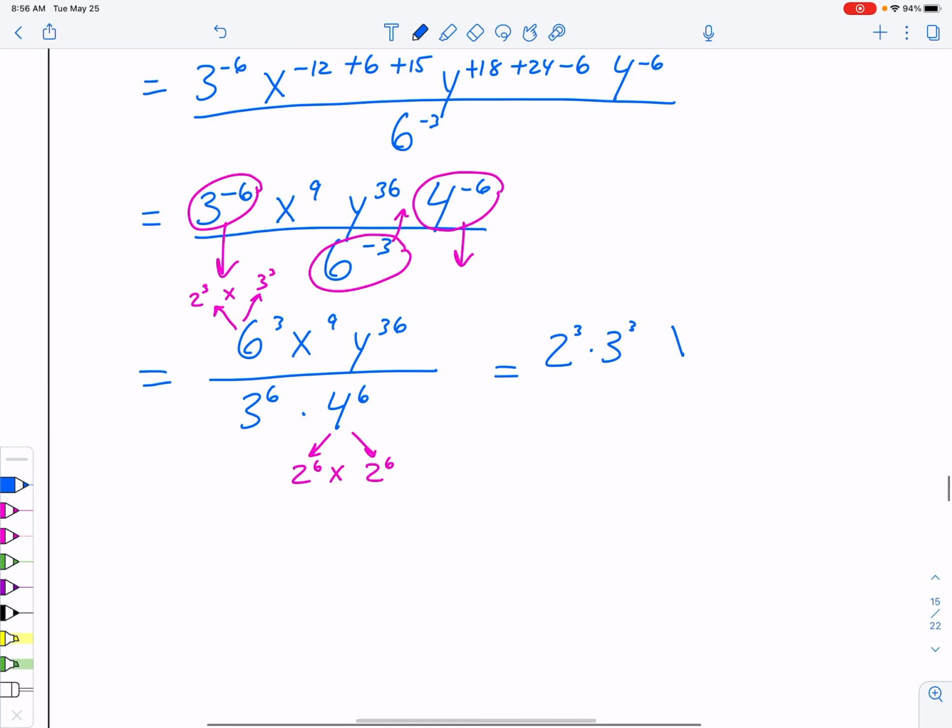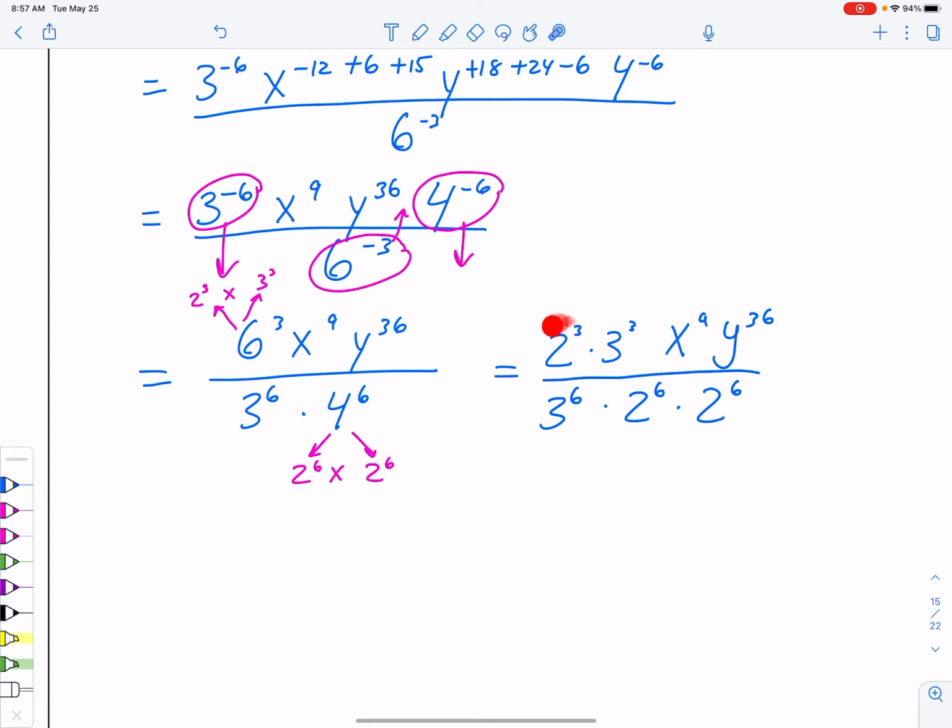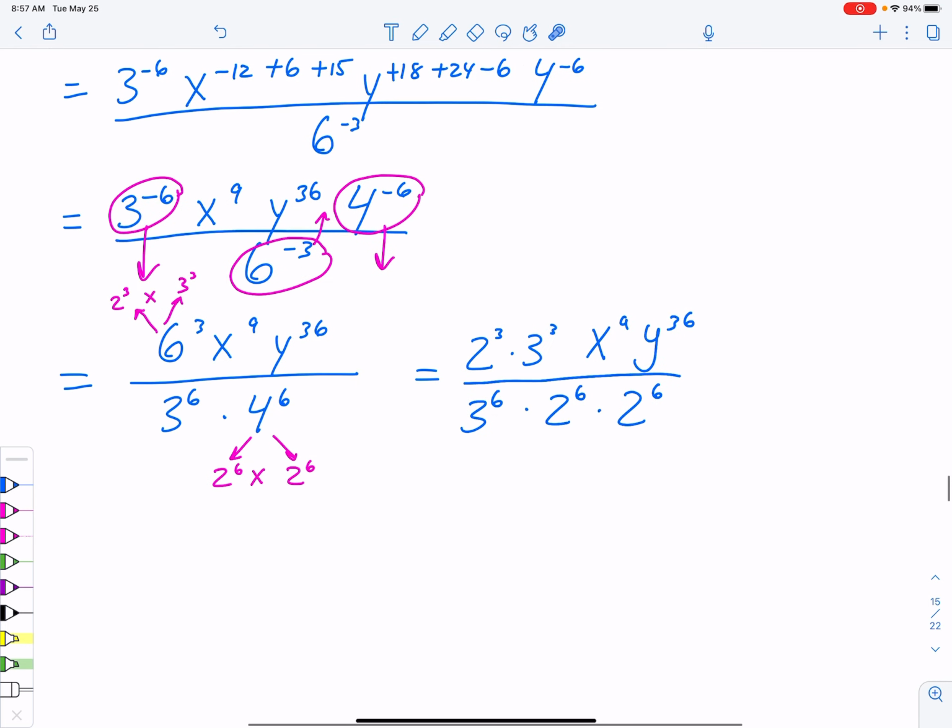And then we have x to the 9, y to the 36. So our letters didn't change at all. And we have a 3 to the 6. And our 4 became 2 to the 6 and 2 to the 6. So now we have similar bases because we have 2's that match up and we have 3's that match up. So now we can simplify.